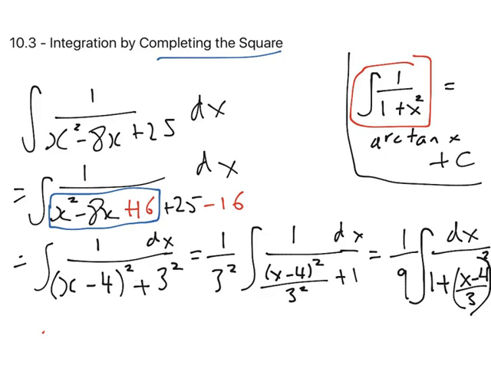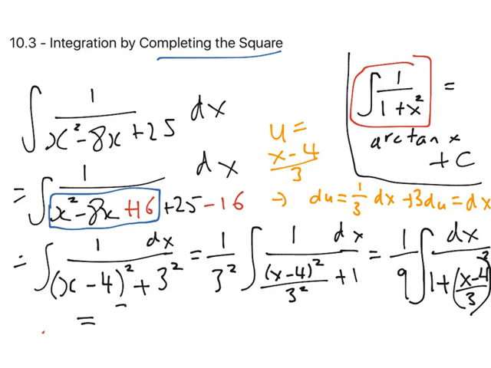And now we use u substitution. If we let u equal x minus 4 over 3, then du is equal to 1 over 3 dx. So 3 times du is equal to dx.